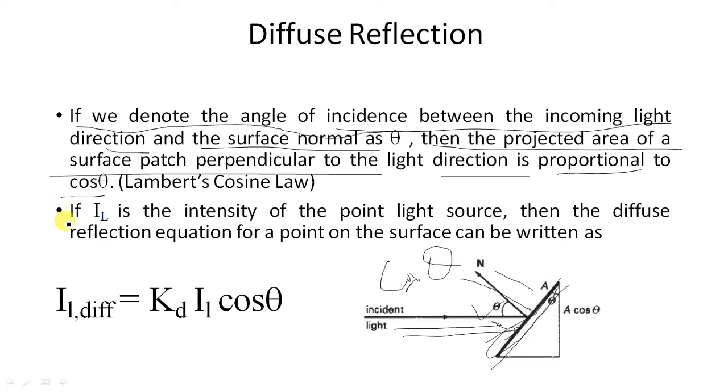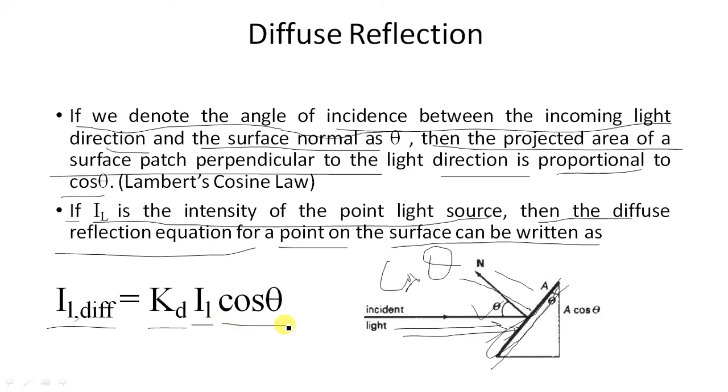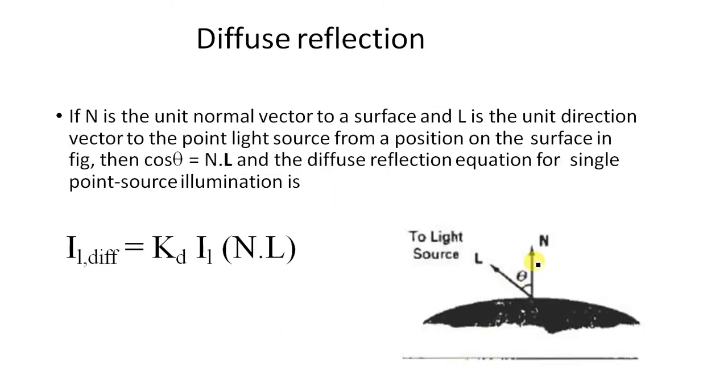If IL is the intensity of the point light source, then the diffuse reflection equation for a point on the surface in terms of the angle of incidence can be written as IL diffuse equals kd, the diffuse reflection constant, times IL, the intensity of light, times cos theta. Suppose the surface normal vector N is a unit vector and L is the vector from the surface point to the point light source.